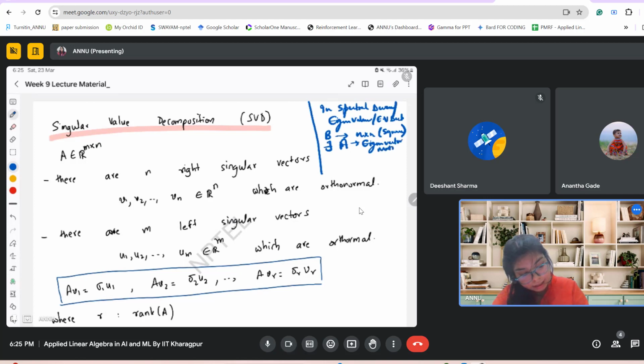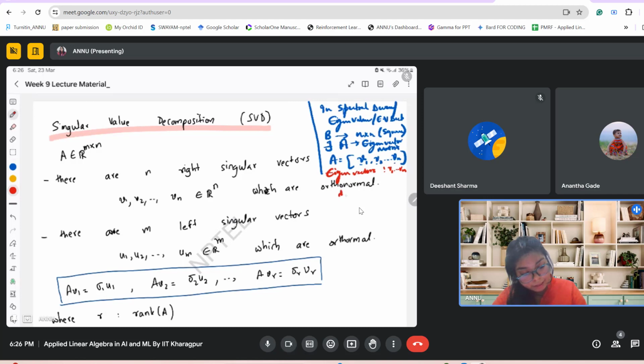That means A equals [v1 v2 ... vn], where v1, v2, up to vn are the eigenvectors.